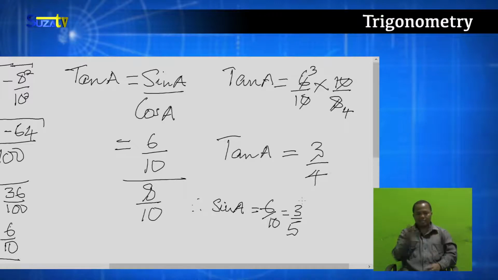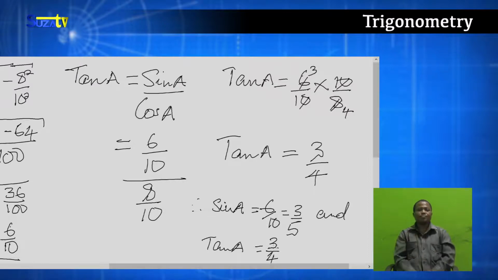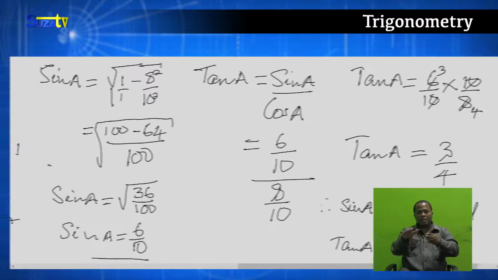And tan of angle A is equal to 3 out of 4. So the question is now done, and you can see that we were able to calculate sine A and tangent A by just taking the relation between these 3 trigonometric ratios.